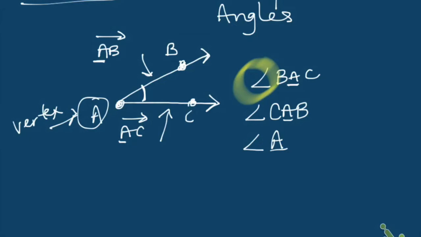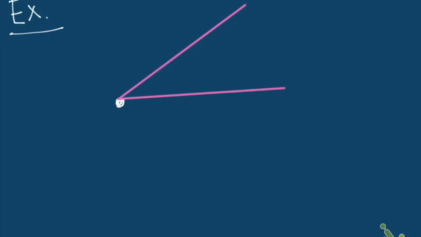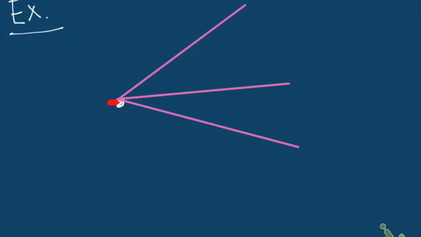Alright, so let's look at another example. Let's say you have an endpoint here, then you have a side coming out here, a side coming out here, and a side coming out here.